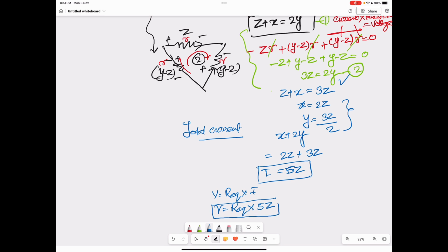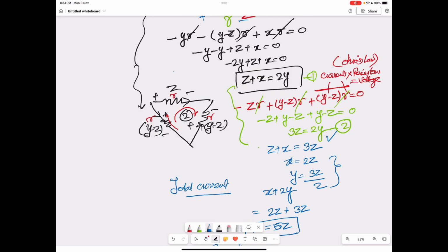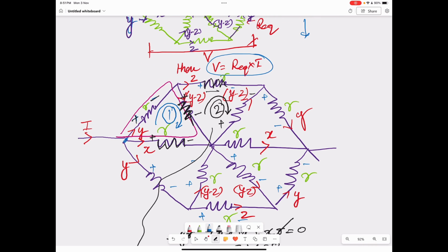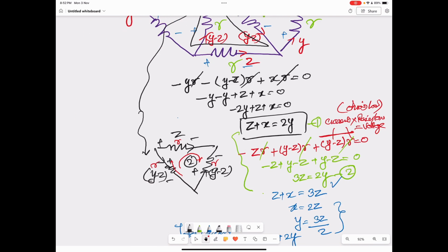Now the interesting part in this is, because the voltage drop across these 2 points A and B is fixed, in whatever path I travel, if I travel by this path or this path or this path, any path, the voltage drop will remain the same between A and B as per the figure.